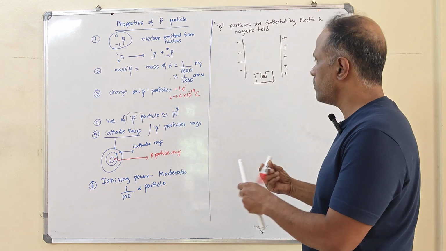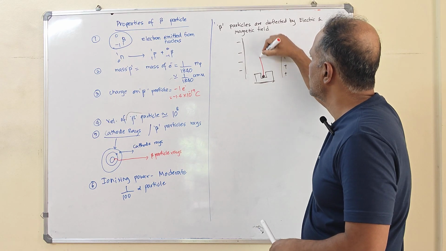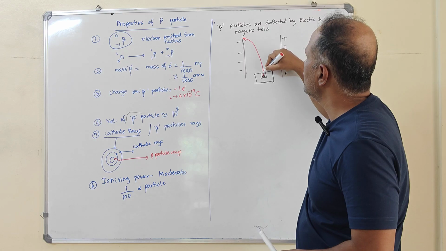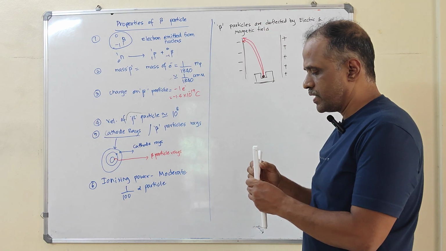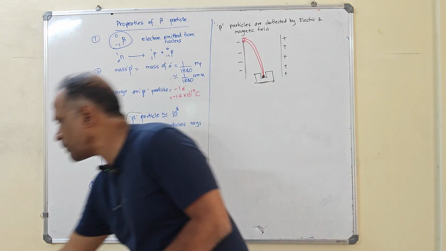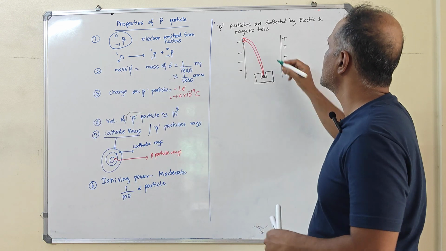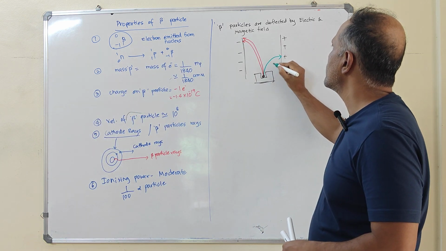I will draw alpha particles in red as I have drawn earlier. Alpha particles would be deflected towards the negative plate, and beta particles would be deflected towards the positive plate.